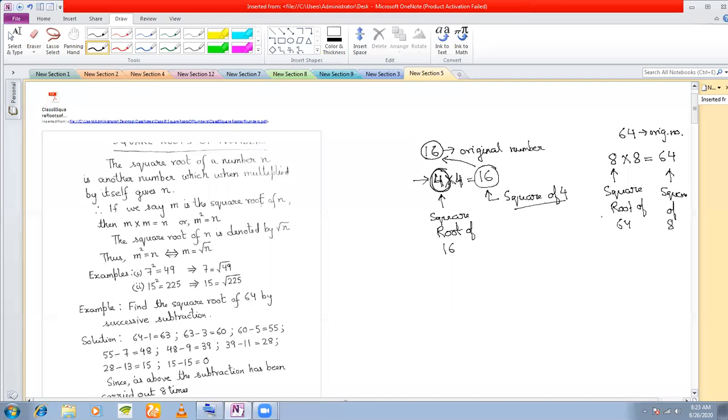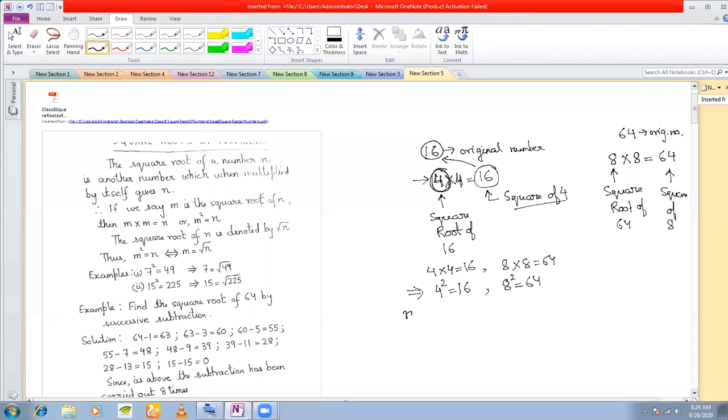So in general, what you see is 4 into 4 is equal to 16. 8 into 8 is equal to 64. For these two examples, you have 4 square equal to 16, and 8 square equal to 64. So in general, what can I write?